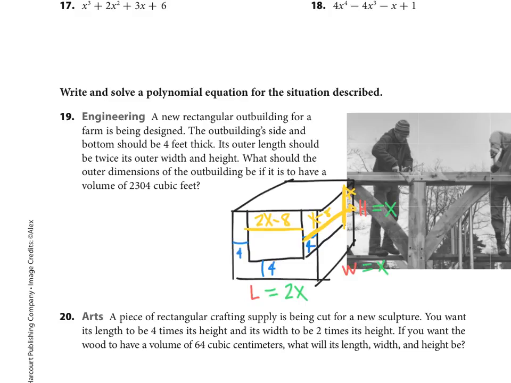So what we know is that our length is 2X minus 8, our width is X minus 8, and our height is X minus 4. And then how do I find my volume? Multiply all 3 of them together.